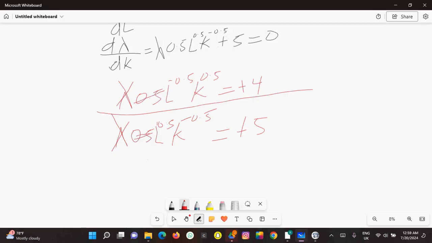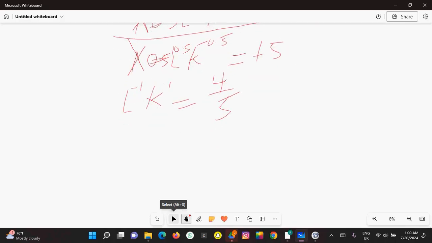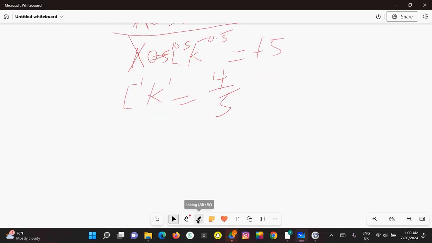Negative 0.5 minus 0.5 is going to give us negative 1, so we have L to the power negative 1. And K is 0.5 up here, so we are getting K raised to the power 1, the same thing. And we are getting 4/5, just as we did. So when you simplify and divide them, let's move on. We are getting the same thing.